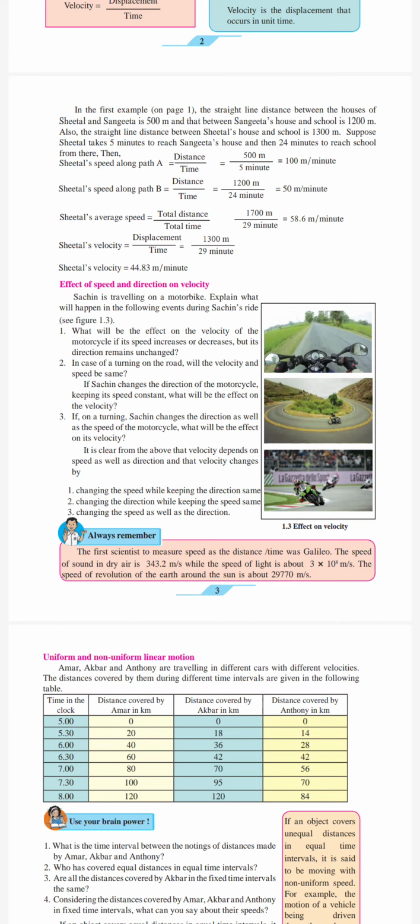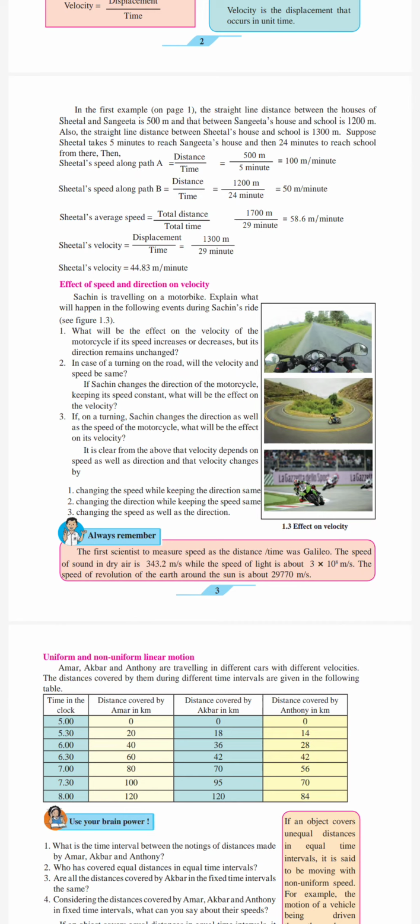The first scientist to measure speed as distance per time was Galileo. Galileo measured the speed of sound in dry air. He gave it as 343.2 meters per second. In dry air, the speed of sound is 343.2 meters per second, while the speed of light he gave as 3 into 10 raised to 8 meters per second.